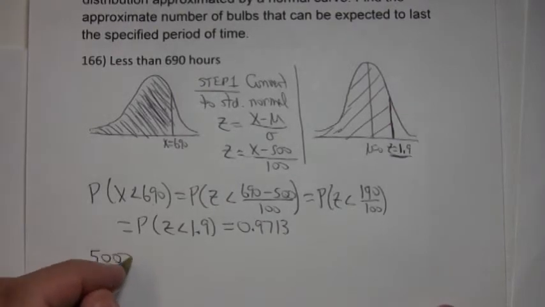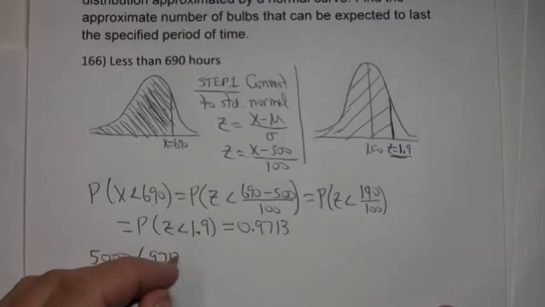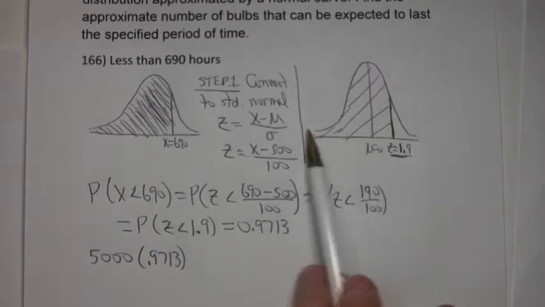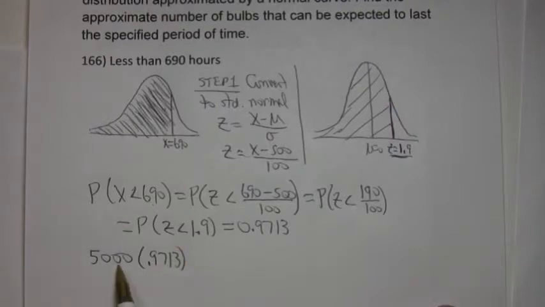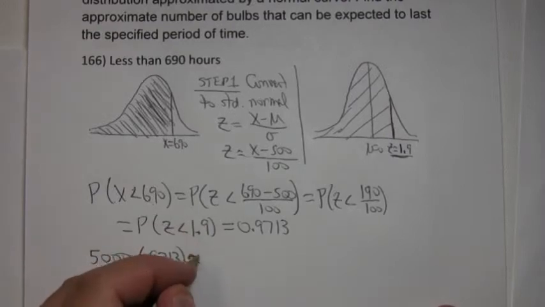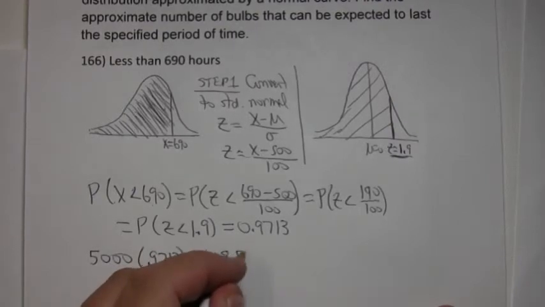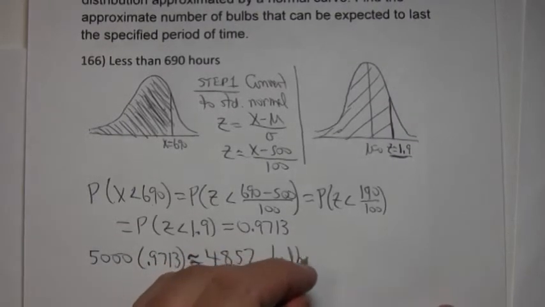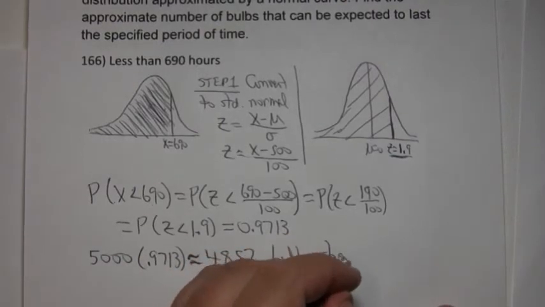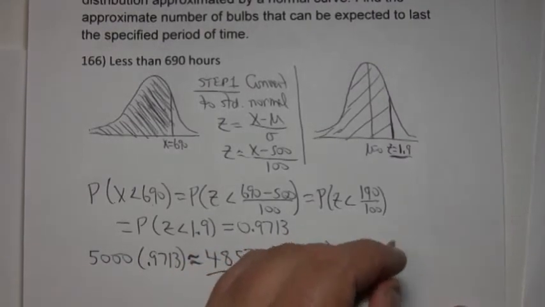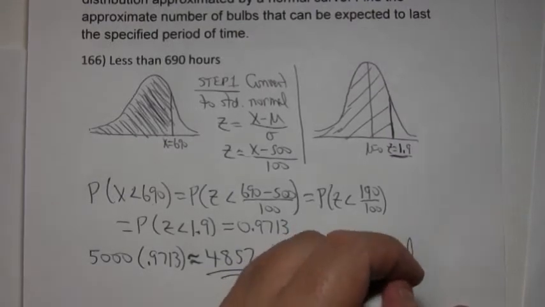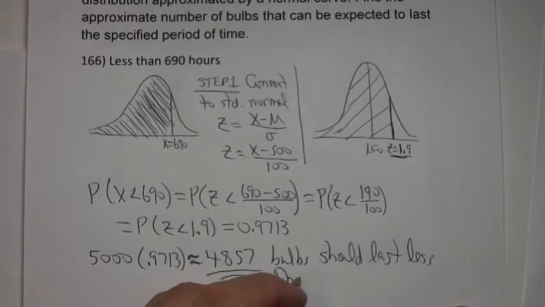Well, if there are 5,000 bulbs and 97.13% of them last less than or equal to 690 hours, if you multiply 5,000 by 0.9713 with your calculator, and we're going to round this off to the nearest bulb, it's approximately 4,857 bulbs that should last less than 690 hours.